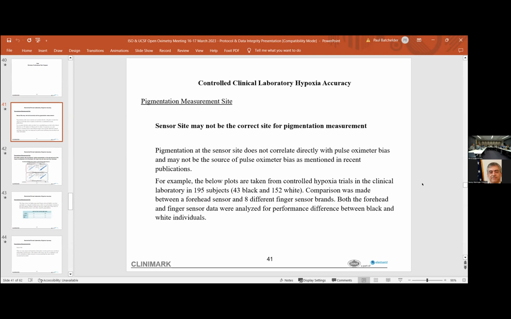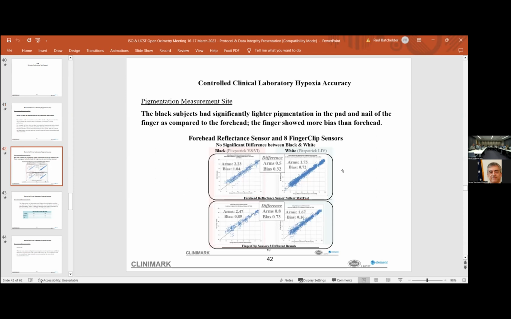We can probably gather a lot of information by measuring pigmentation at the sensor site, but what we have seen, we looked at a study that included 8 different studies with 15 different brands or types of sensors. They were all finger clip, and what we saw was a difference in.